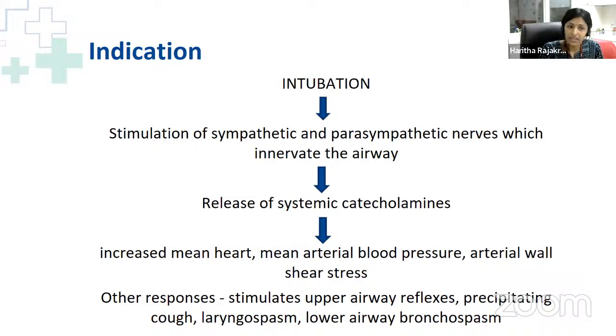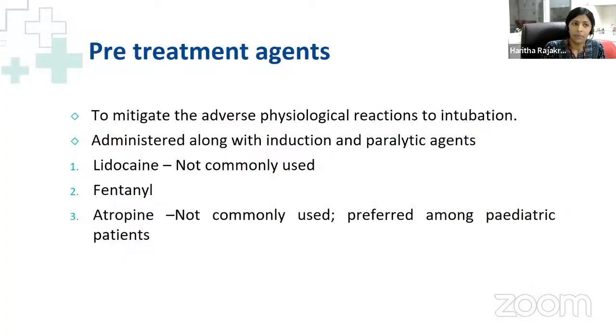There is increased mean heart rate, increased mean arterial blood pressure, arterial wall shear stress, and other responses which stimulate upper airway reflexes, precipitating cough, then laryngospasm and lower airway bronchospasm. So mainly what we aim for is to mitigate these adverse physiological reactions to intubation with the help of these pre-treatment agents.